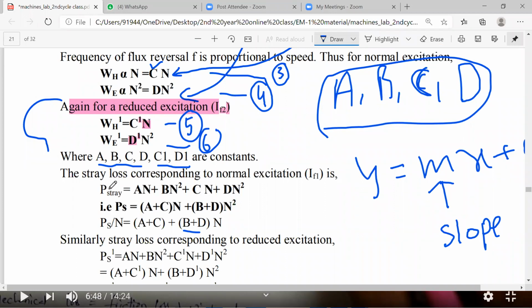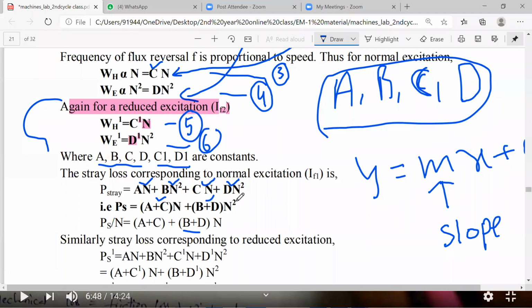So Ps equals A into n plus C into n, that is A plus C into n, and next B plus D into n square.